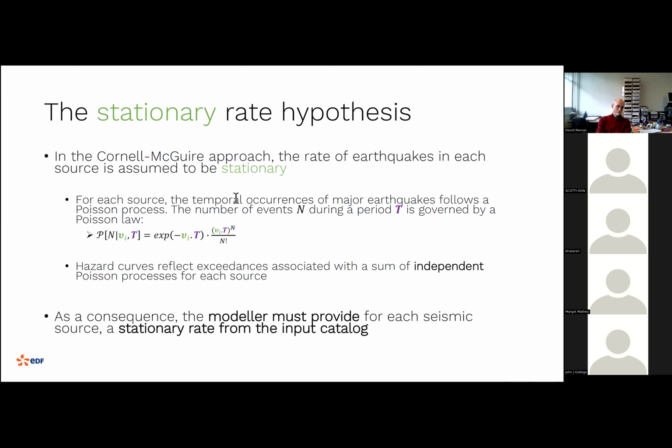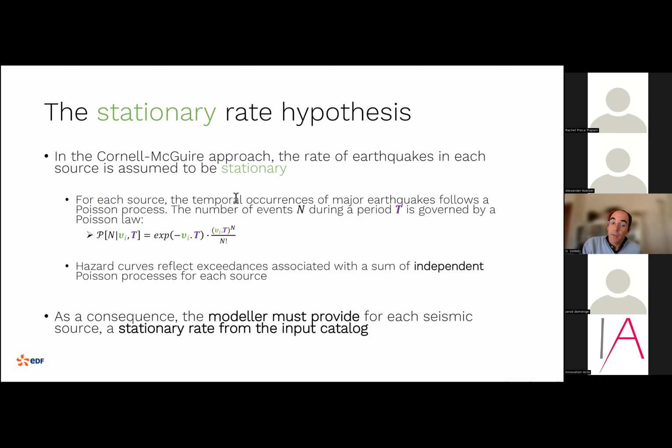That means it can be described by a Poisson process, and the hazard curve reflects the incidence associated with the sum of independent Poisson processes. As a consequence, the modeler must provide for each seismic source a stationary rate description from the input catalog.